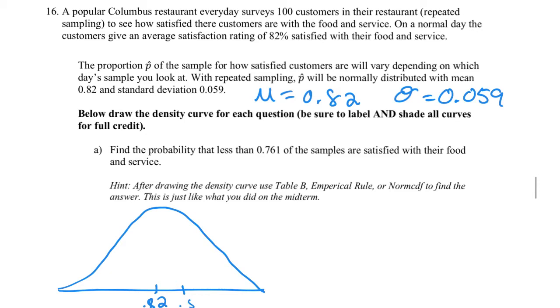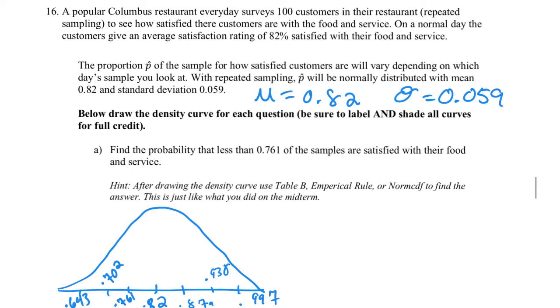So we're at 0.879, 0.938, and 0.997. And then we go 3 times to the left. We subtract, so 0.82 minus 0.059 is 0.761, 0.702, and 0.643.